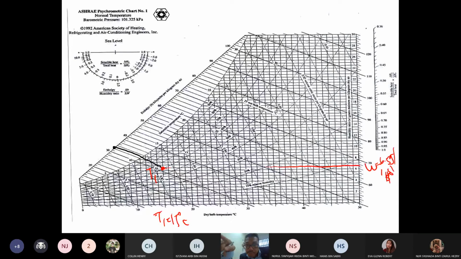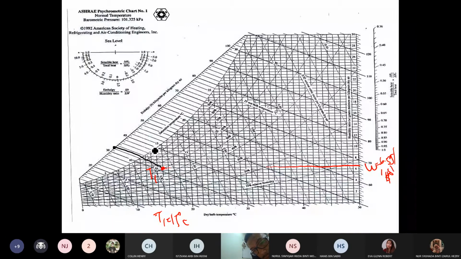Then this is the volume, cubic meters per kilogram of dry air. You can use this value. What is its value?